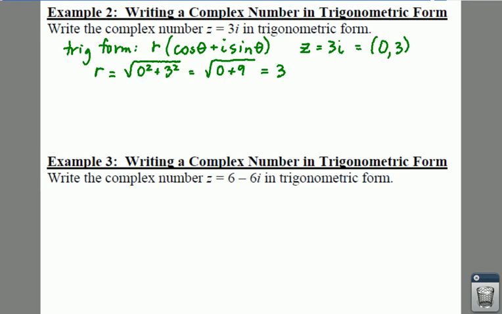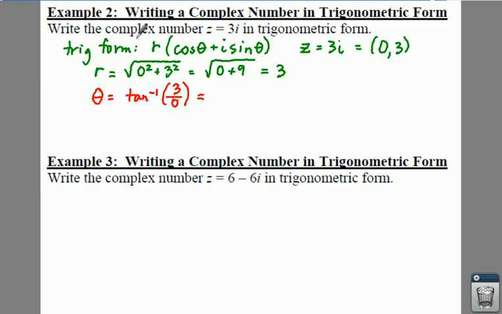Now the other thing we need to figure out is your theta. Theta is just taking the arctangent of your b over your a. Well, your b is 3 and your a is 0. So we need to think about where this would be. If you take 3 over 0, that's undefined. So we need to figure out where tangent is undefined.